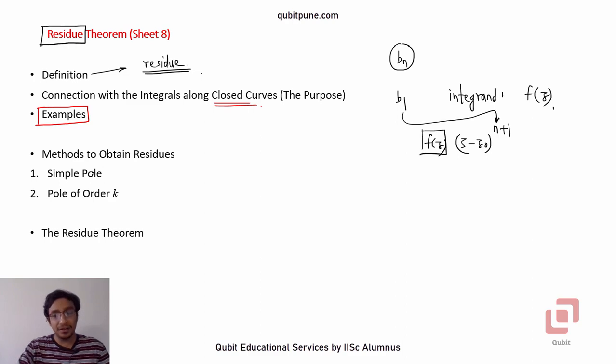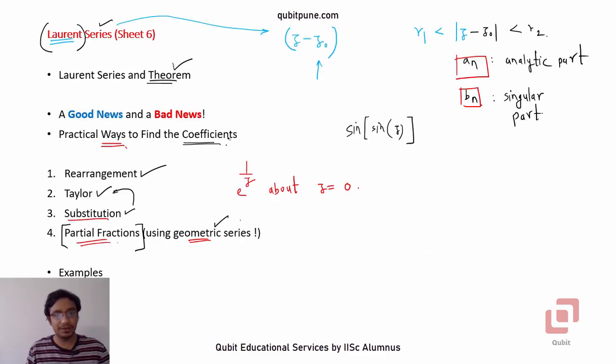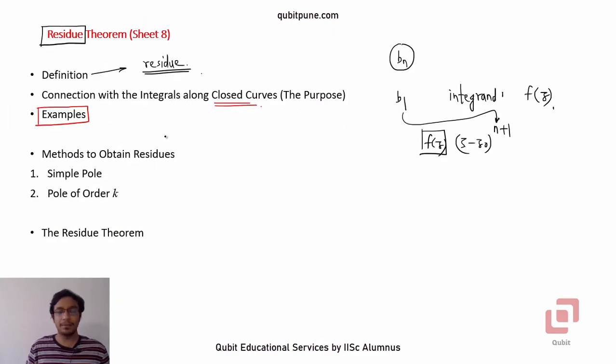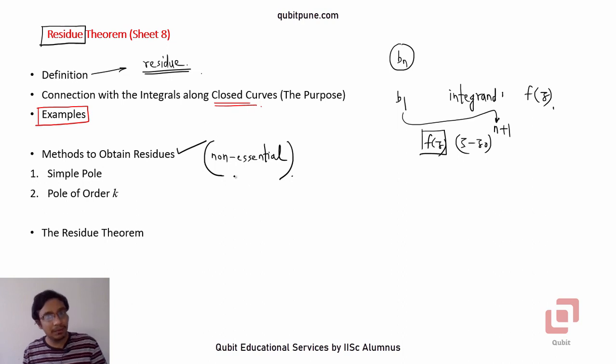Then in addition to these methods of obtaining the coefficients, we also have methods to obtain residues. The methods that we are going to see are applicable only to non-essential singularities, meaning these methods will work only when the Laurent series consists of finitely many terms which have negative integral powers of z minus z naught.